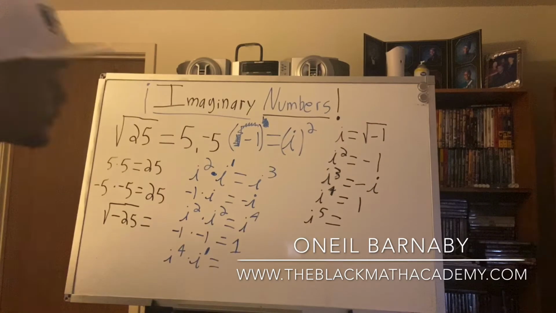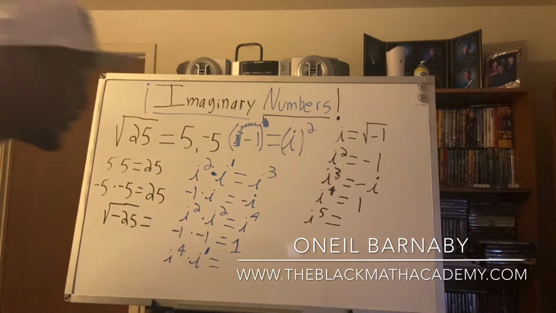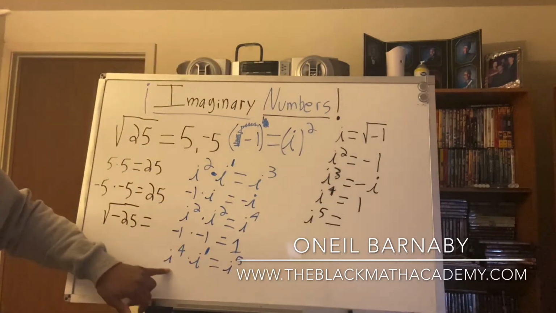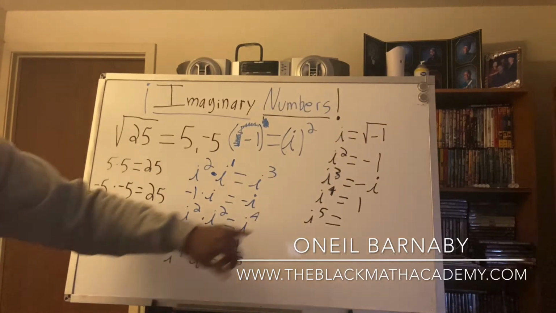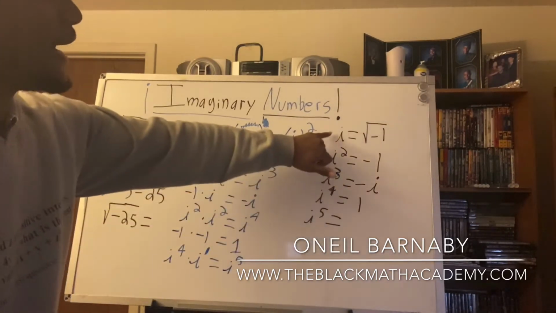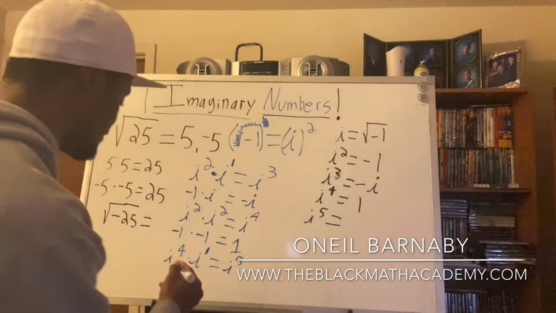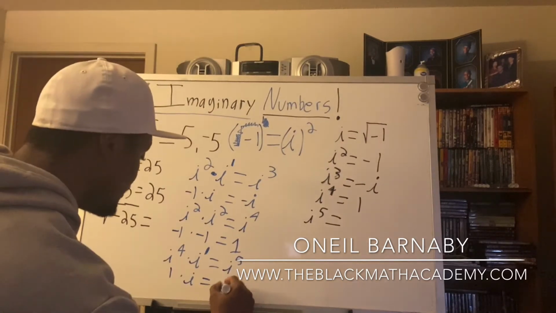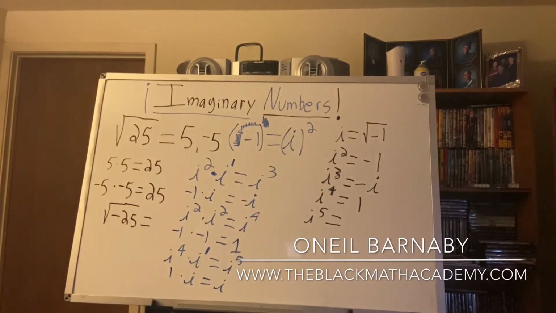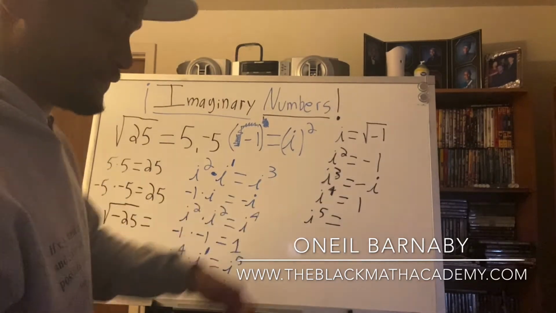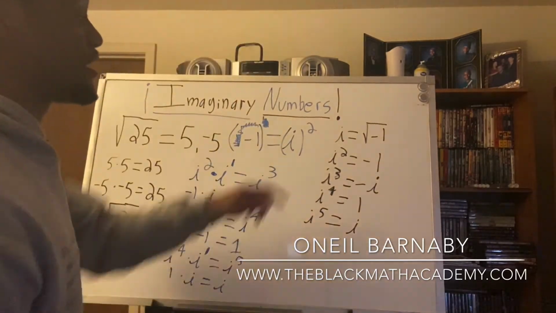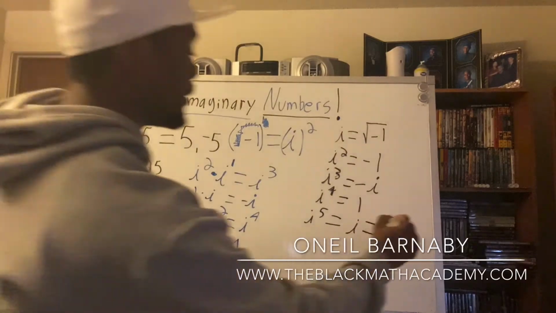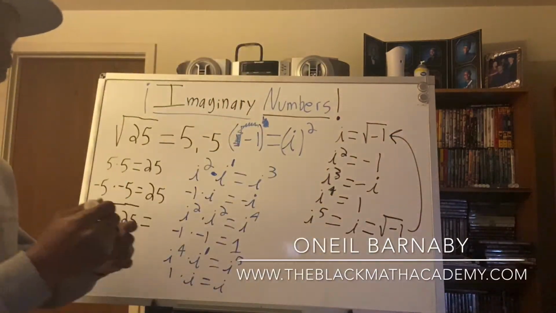So there's an imaginary 1 sitting up here, so it'll be 4 plus 1 in the end, and this will be i to the 5th as a result. And once again, we know what i to the 4th is, and we know what i is. i to the 4th is 1. i is just i. So this would say 1 times i, and 1 times i is just i. Anything times 1 is itself. So i to the 5th is i. And since i is equal to the square root of negative 1, it also equals that as well. So it went right back to where we started.